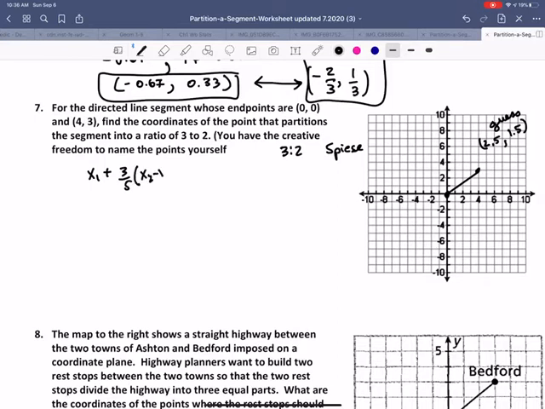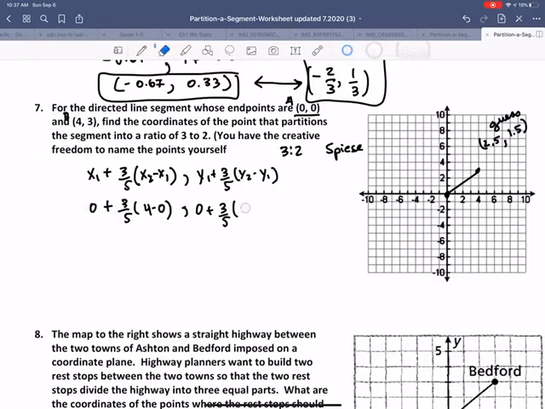And find the distance between the x values. All right, so x1, I guess we're going to call it from 0 is A, and this one's B. So 0 plus 3/5, 4 minus 0, and 0 plus 3/5, y value is 3 minus 0.